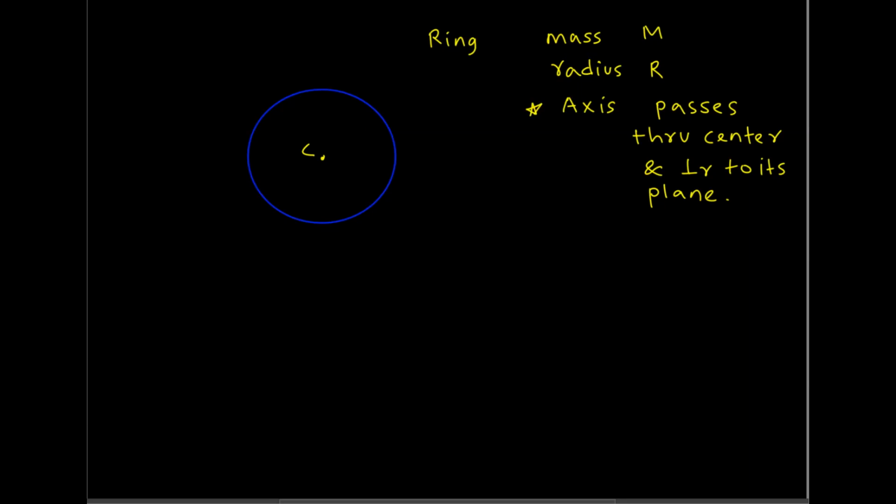Now in this case, in all these cases, we are assuming that this ring is uniform. So by definition, the moment of inertia is summation of mi Ri square, right? Now, if I break this ring into several particles, suppose I have a particle here of mass m1, another particle of mass m2, and another particle of mass m3, and so on.